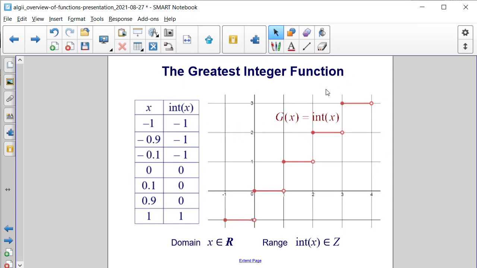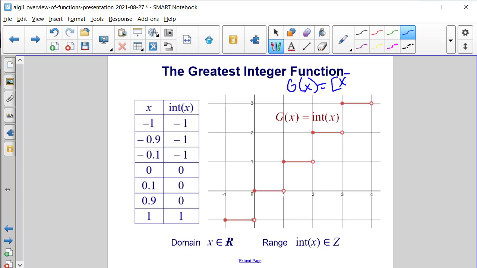The last parent function that we're going to talk about is the greatest integer function. And you usually can write it as g of x equals int of x, or you can write it as g of x is equal to the greatest integer function with these extra brackets on either side.